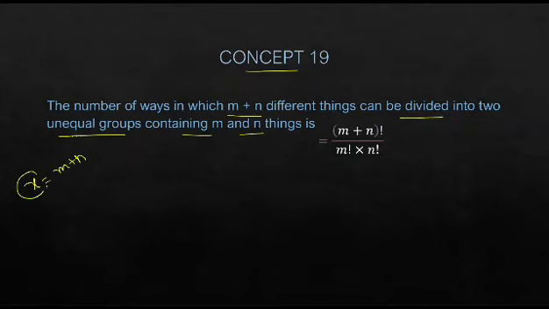Suppose we have 5 objects, and m we can take as 3 and n we can take as 2. And we need to divide these 5 objects into two unequal groups. So unequal groups means groups of objects itself, right? Like one group can have 3 objects and the other group can have 2 objects. So the ways of doing it is given by this formula.